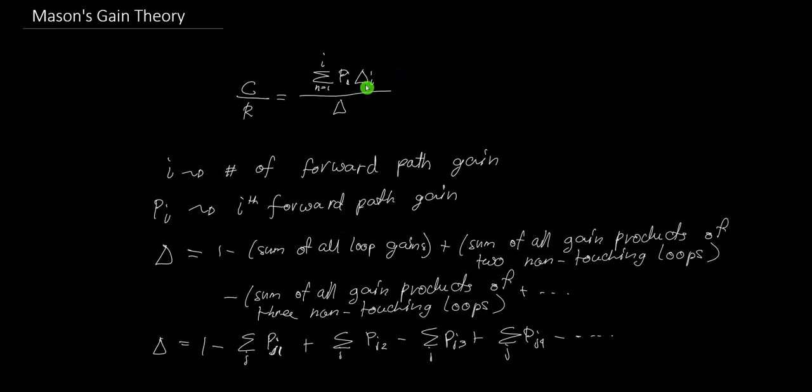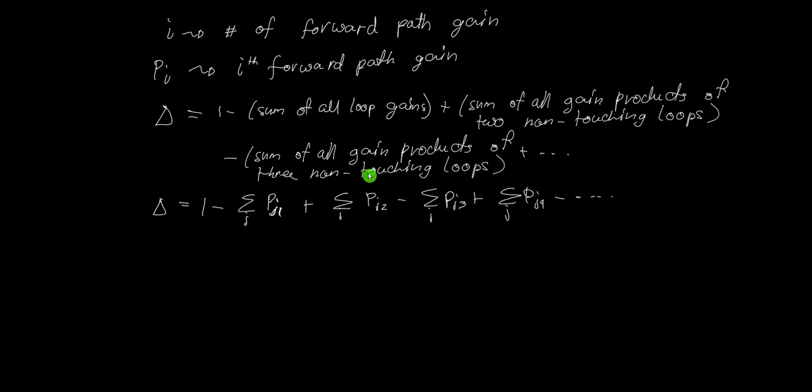Then here we also have delta_i. This is the delta evaluated by eliminating all the loops touching that forward path. So if it's delta 1, then it's for forward path 1, P1.